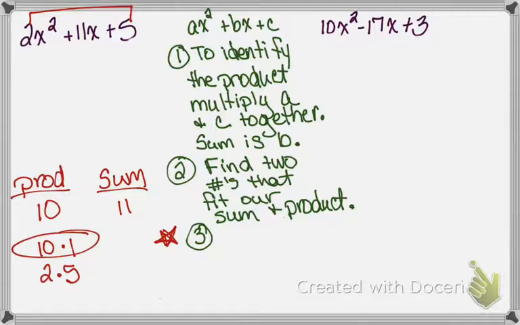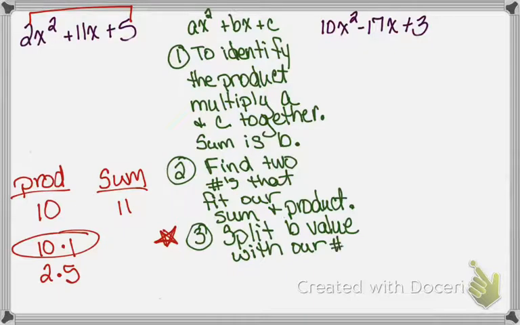What you're going to do is split the B value with our new numbers, our numbers from step 2. Okay? Now think about how FOIL works.